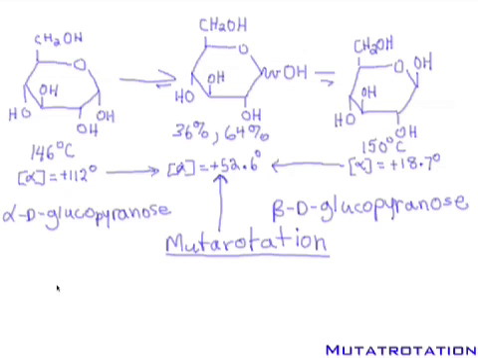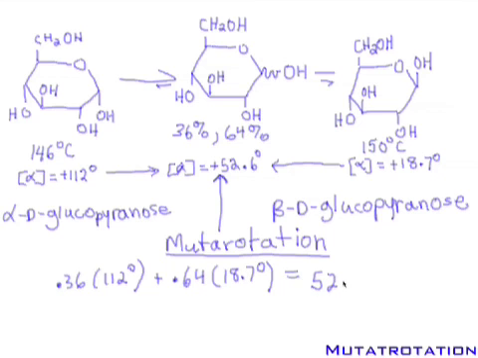What happens if you take 36% of 112, so 0.36 times 112 degrees, and you add that with 64%, 0.64 times 18.7. And what you realize is you get 52.6 degrees. 52.6 degrees is just the average rotation obtained from the equilibrium mixture.